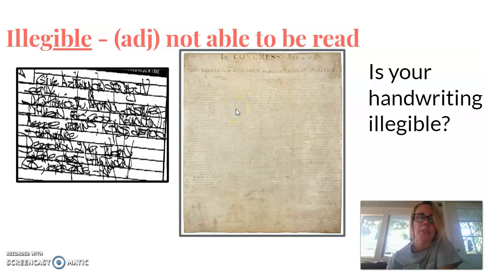It's illegible. This document is so faded that I cannot tell what it is. It is also illegible. Sometimes when grading do nows, I had some students whose handwriting was illegible. I was unable to see what it said. Think about it. Is your handwriting illegible?